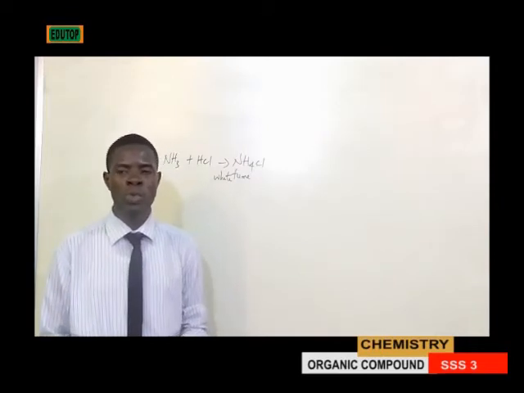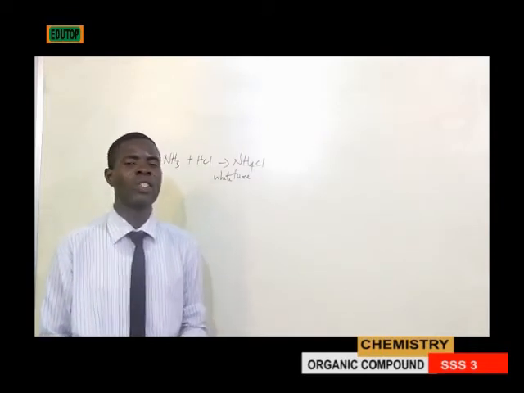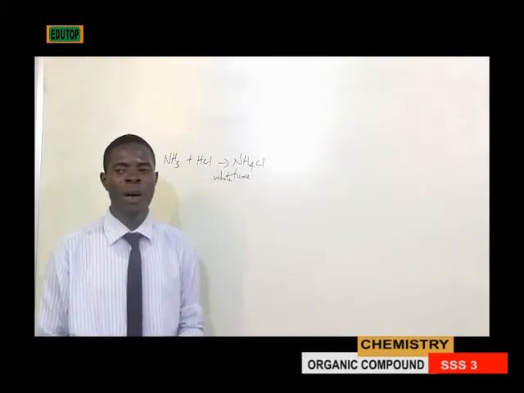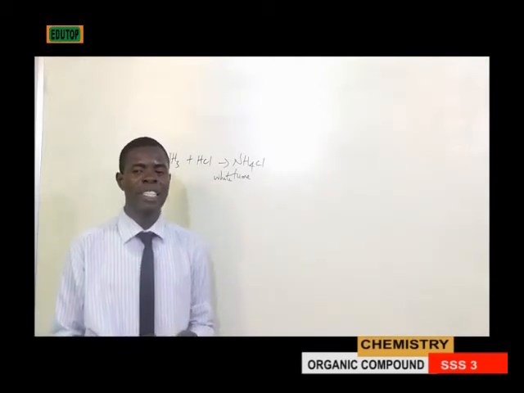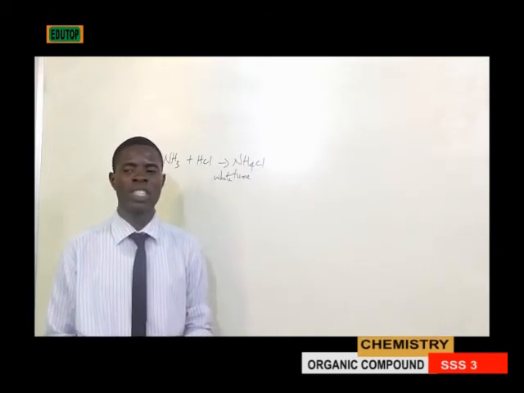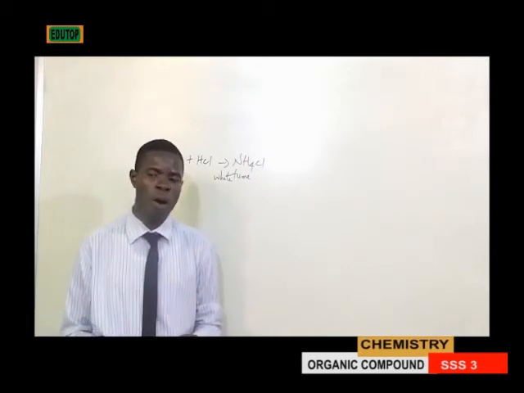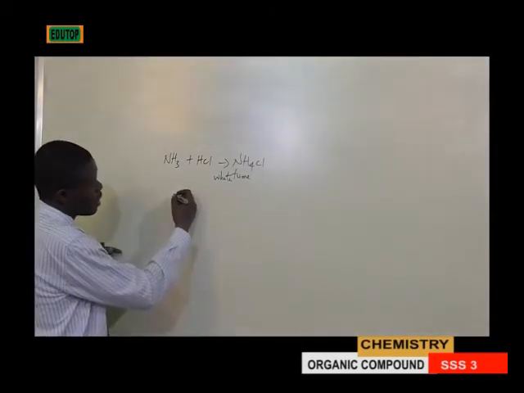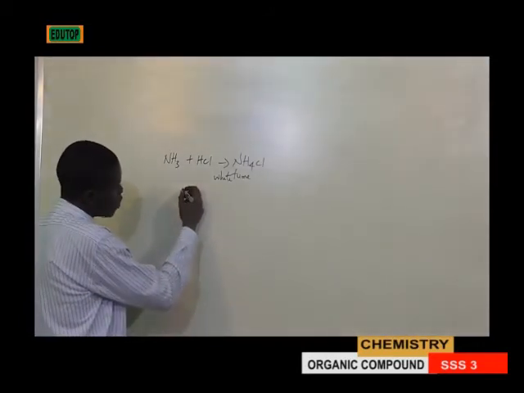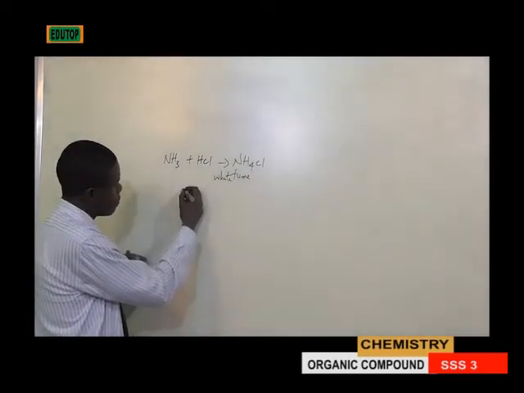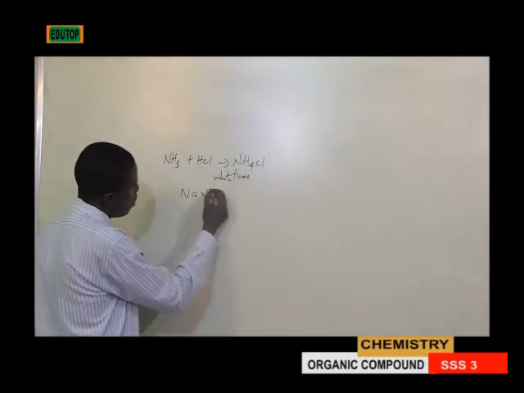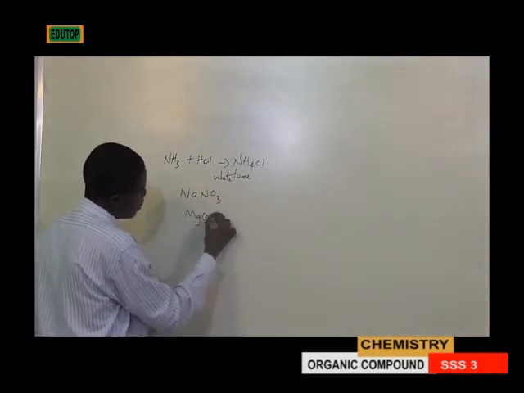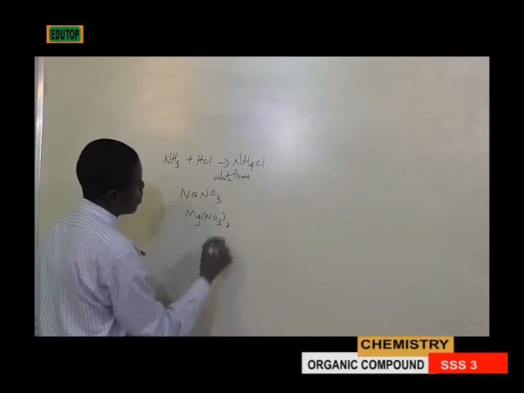Sodium nitrate decomposes to dioxonitrate (III) salt and oxygen, while magnesium nitrate decomposes to magnesium oxide, oxygen, and nitrogen (IV) oxide. The nitrate of sodium is sodium nitrate, and the nitrate of magnesium is magnesium nitrate.